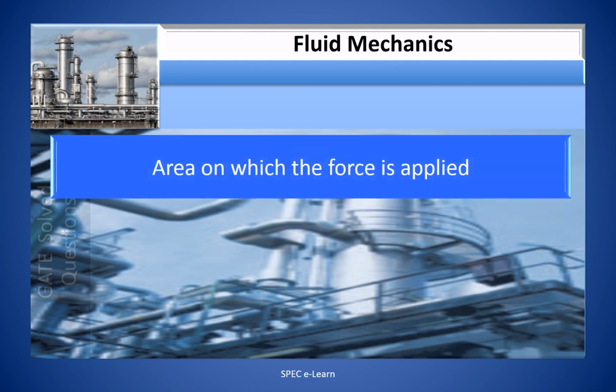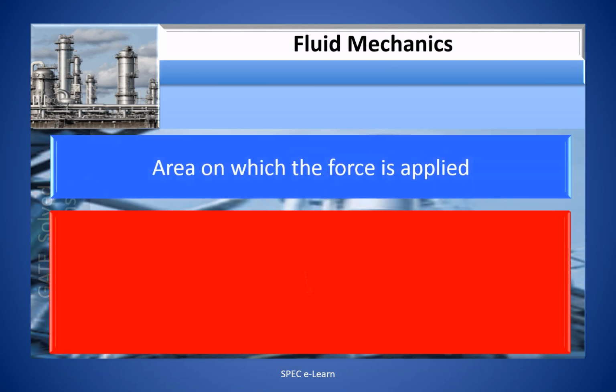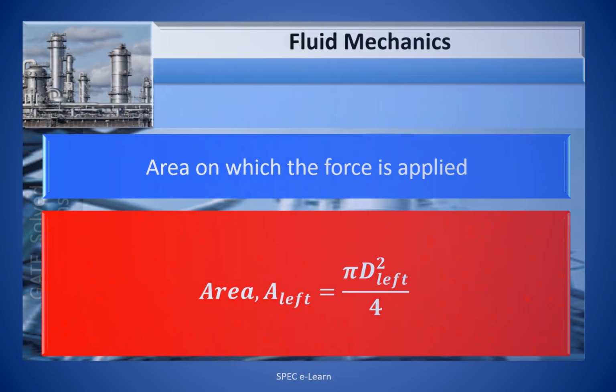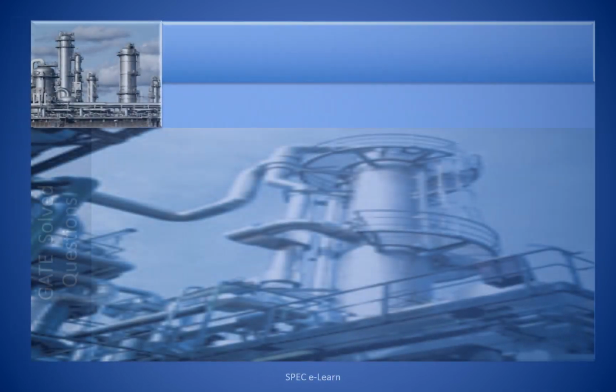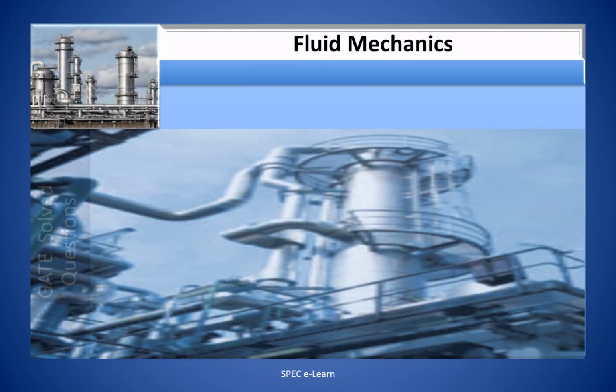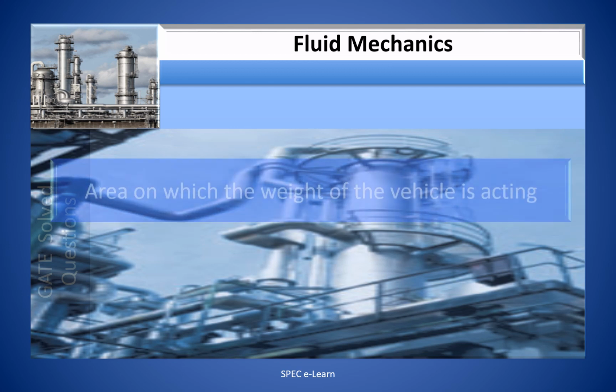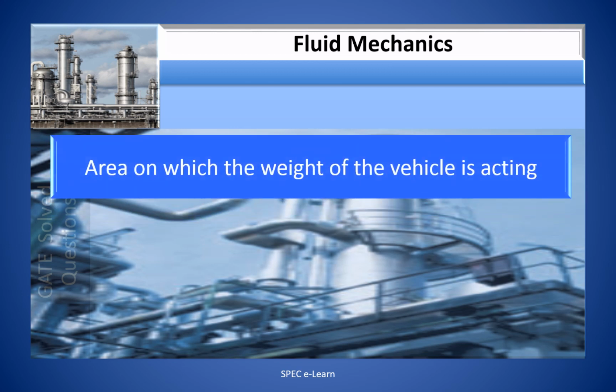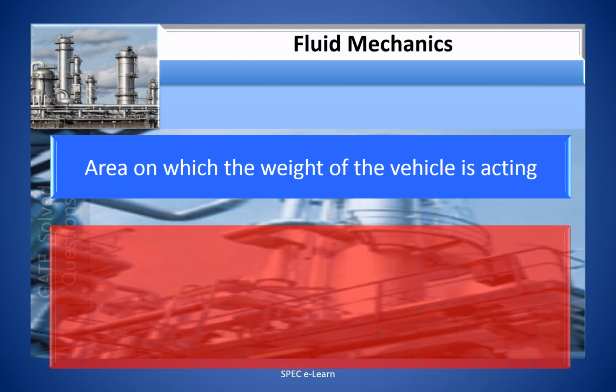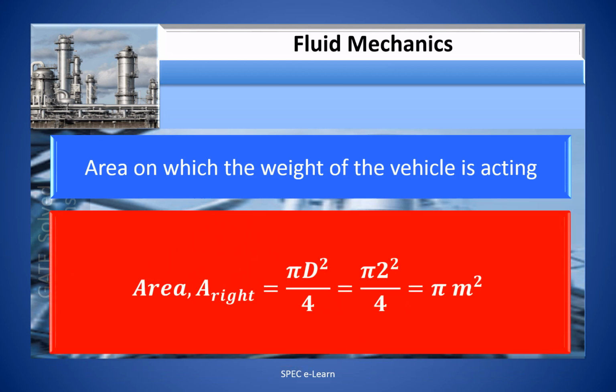The area on which the force is applied, A left, is equal to pi d left squared divided by 4. The area on which the weight of the vehicle is acting, A right, equals pi d squared by 4, which equals pi 2 squared by 4, which works out to pi meter squared.